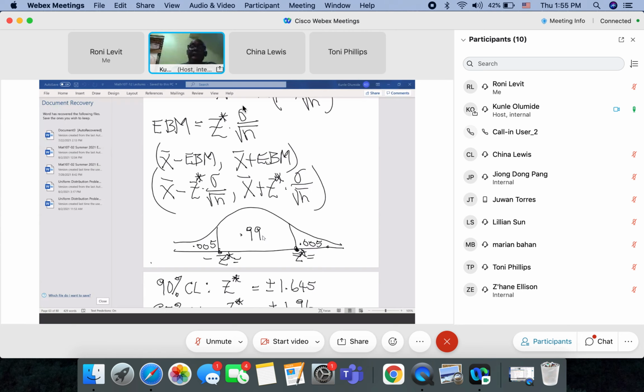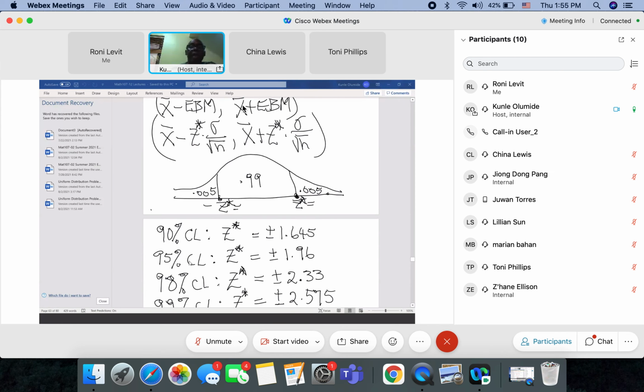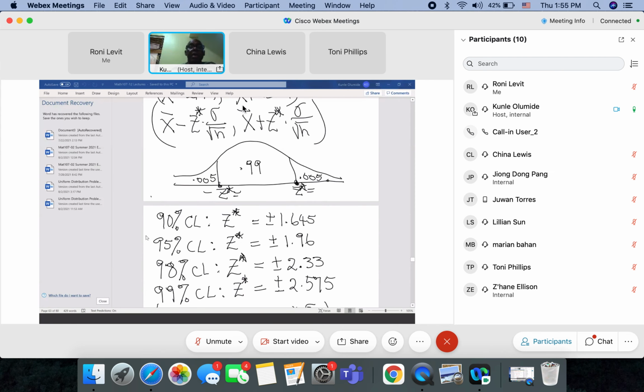We went over all of that yesterday, and we came up with these numbers. If you're doing the 90% confidence level, your Z star will be plus or minus 1.645. If you're doing 95% confidence level, your Z star will be plus or minus 1.96.